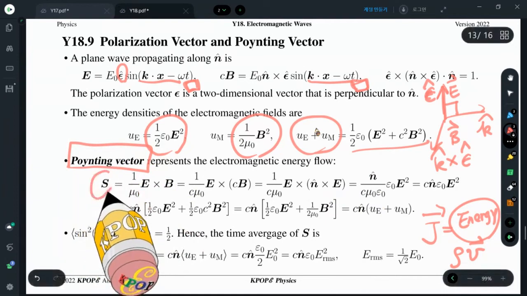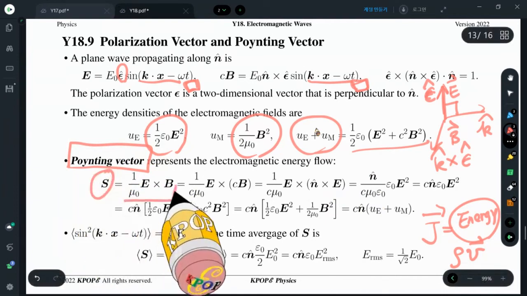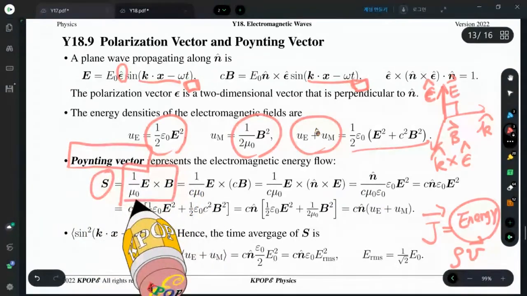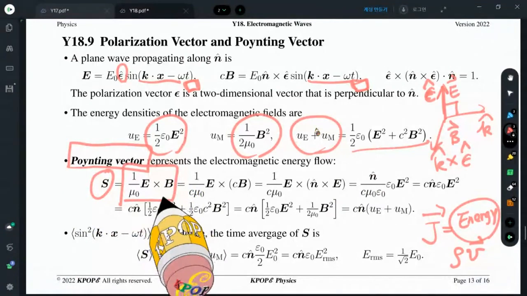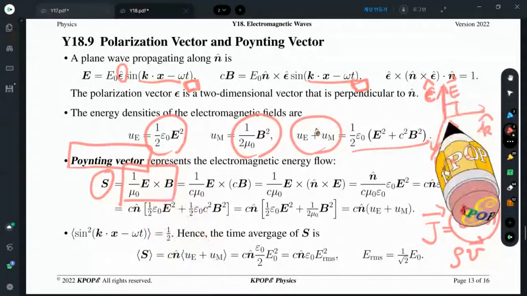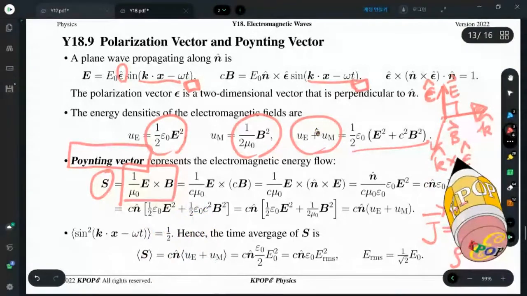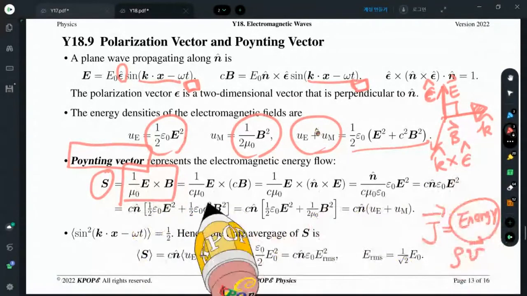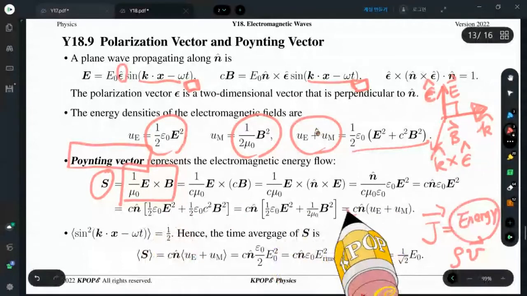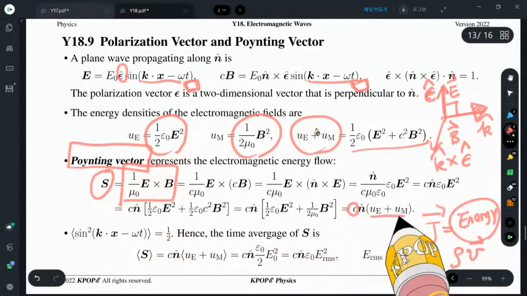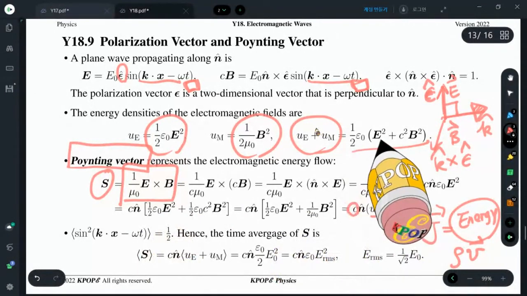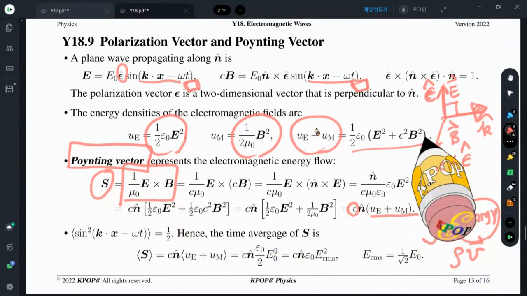Poynting vector S is defined by this: 1 over the permeability constant times E cross B. E cross B has the direction along the wave vector. And at the end of the day, you will find this is the speed of light multiplied by the energy density of an electromagnetic wave.